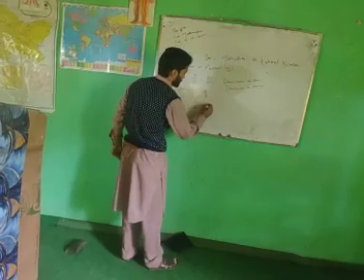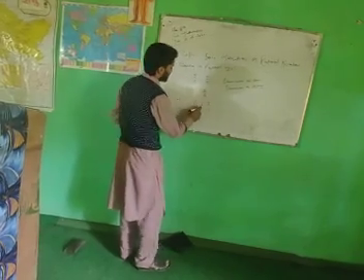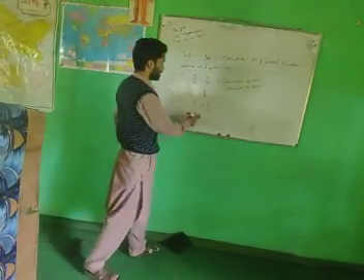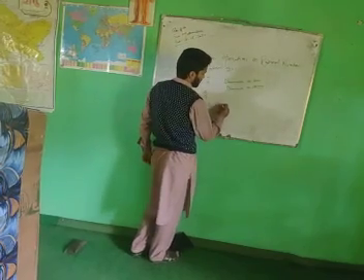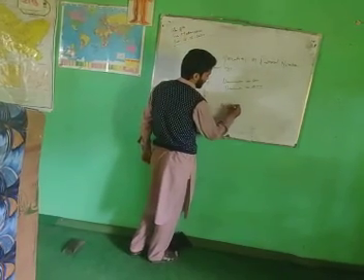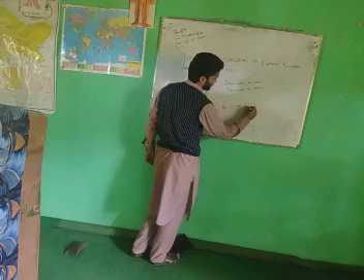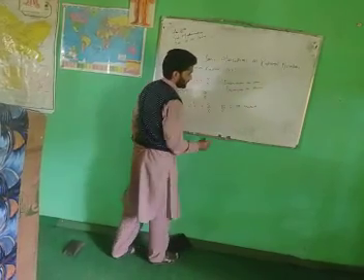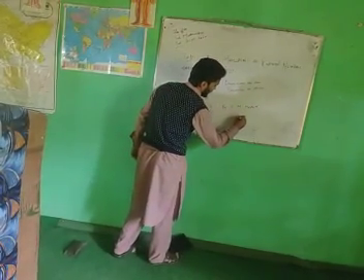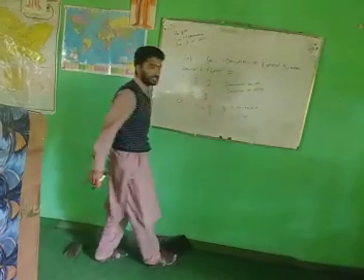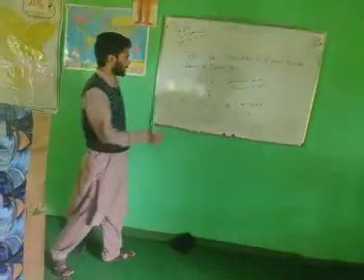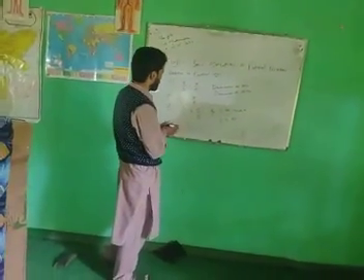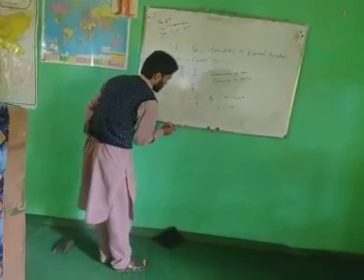This plus is the sign of addition. Here are two methods. One is by cross multiplication method. Second is by finding LCM, least common multiple. And first method is by cross multiplication method.